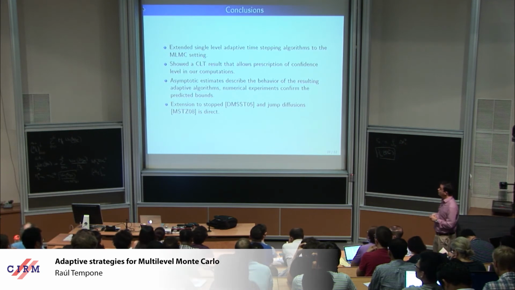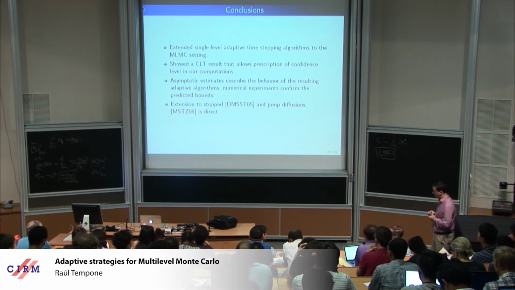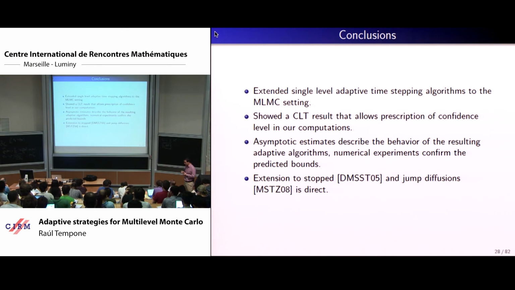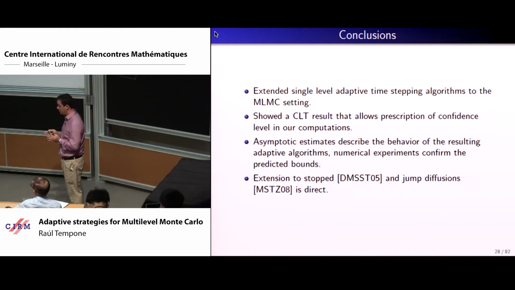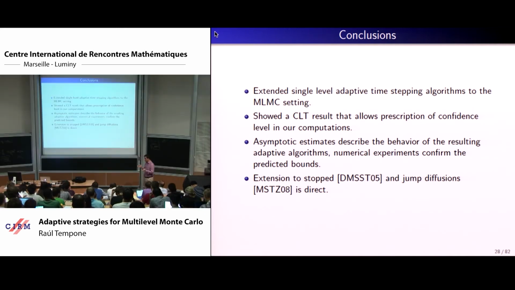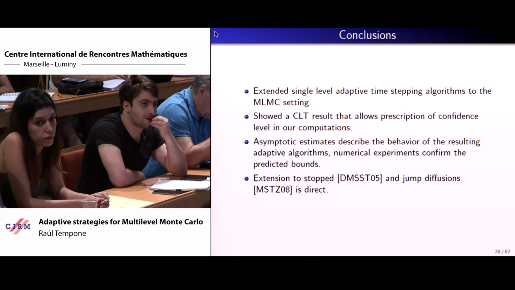Okay. So as conclusions, I told you again that this way of thinking for multi-level and adaptivity is quite general. You can use it anywhere you want. You have to be careful though that when you replace the statistical constraint, which means that the statistical error has to be less than some tolerance with a prescribed probability, computationally it's much more effective to write that into a variance constraint, and this can be done as long as you have a central limit type of approximation.